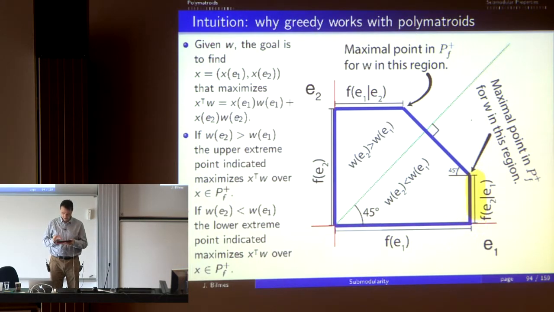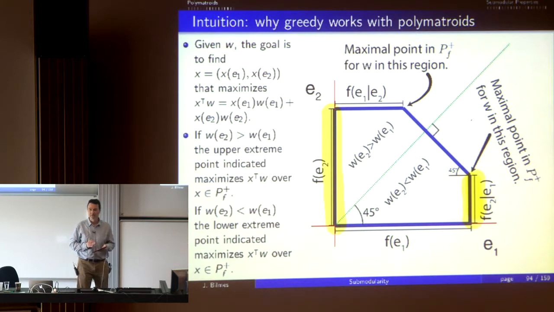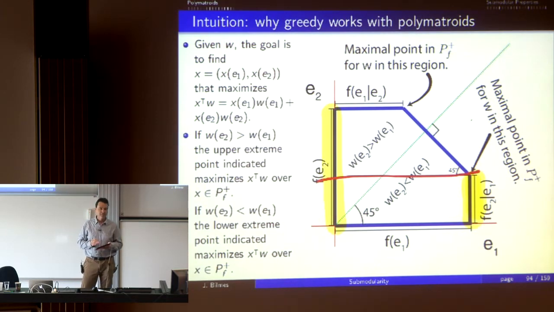Now let's compare this length here with this length here. Notice the one on the right is f of E2 given E1, and the one on the left is f of E2. Conditioning reduces evaluation. So when we condition on E1, it's got to get shorter. So therefore, this one is shorter than that one. That's what's guaranteed from the submodularity property.